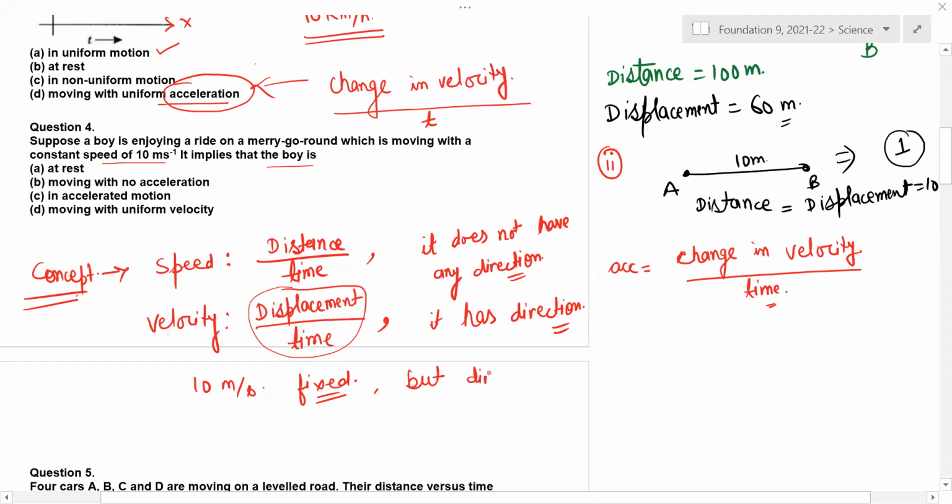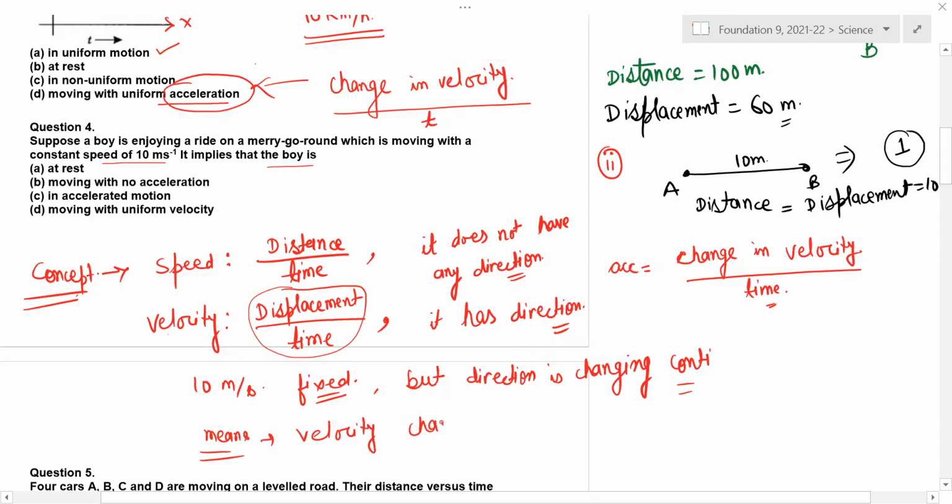But direction is changing continuously. Understood? No, sir. Speed is fixed, but direction is not fixed. If direction is changing, what does that mean? It means velocity is changing every moment.